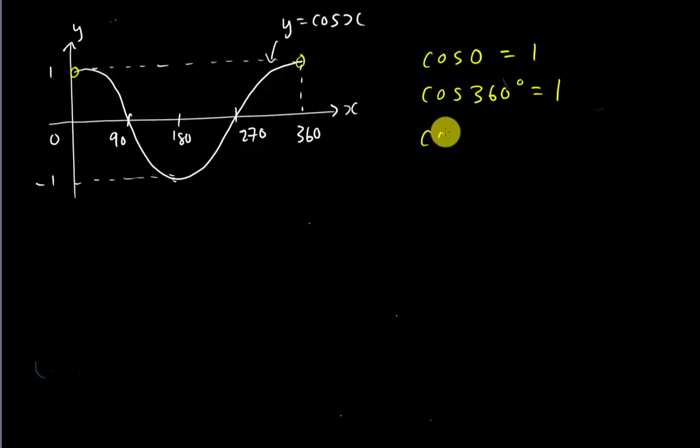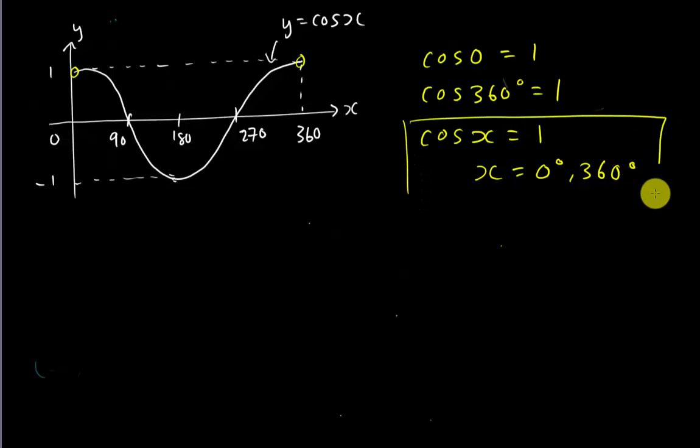That means if I ask you cos x is 1, what is your x value, meaning what's your angle? You should say it's 0 and 360. Sometimes the exam loves to ask like this.